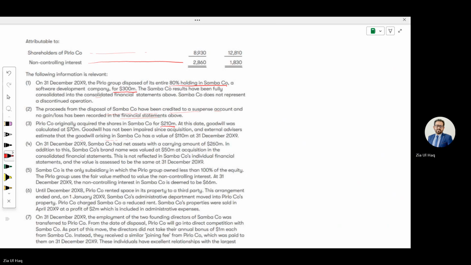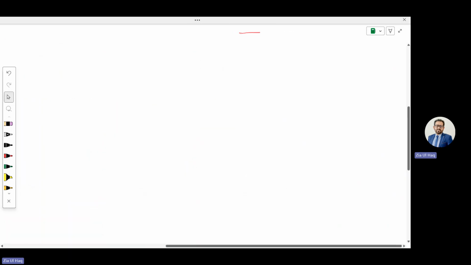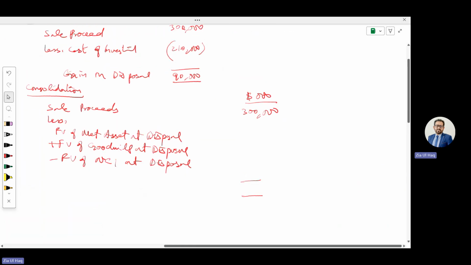This means the carrying value of goodwill at 31st December 20x9 is 70 million, and we do not need to record the uplift in value. We need to record only the carrying value in the books after impairment. If there is no impairment, this is the fair value at the time of disposal: 70 million. This figure is given, 70,000.